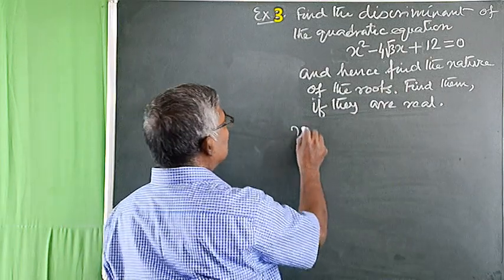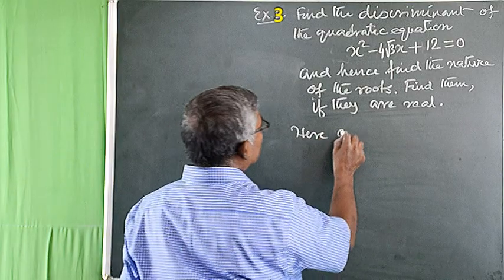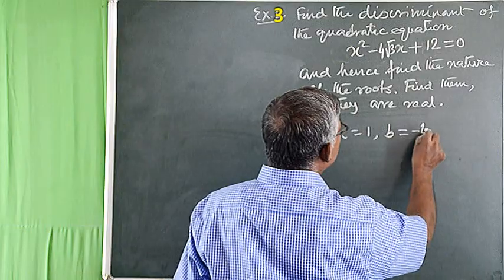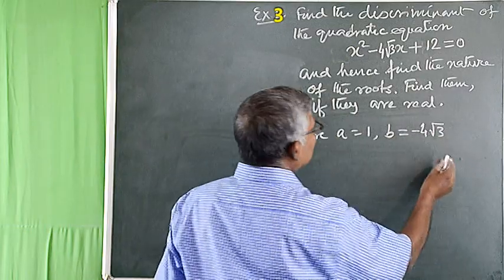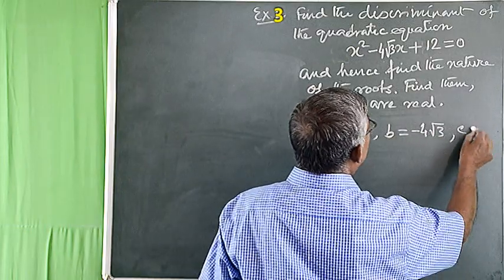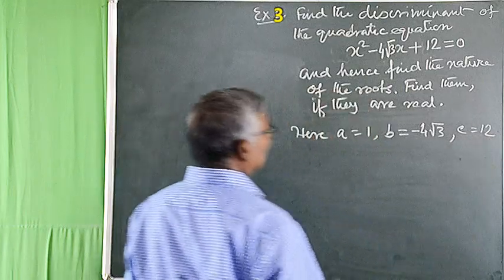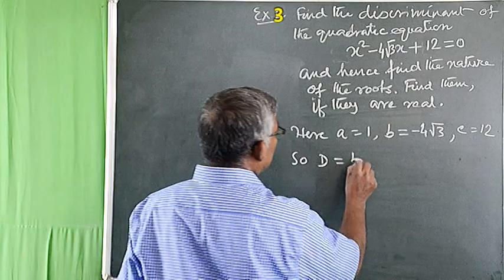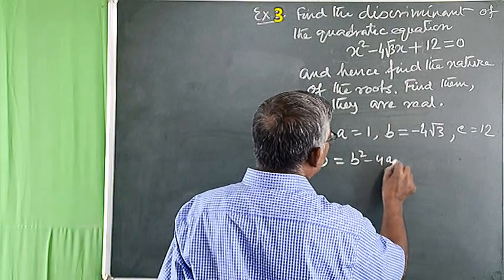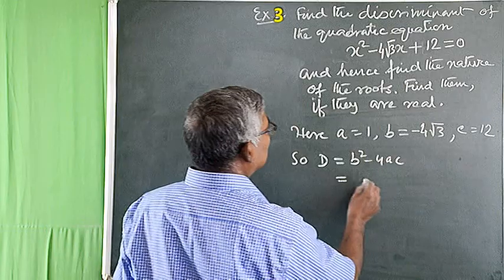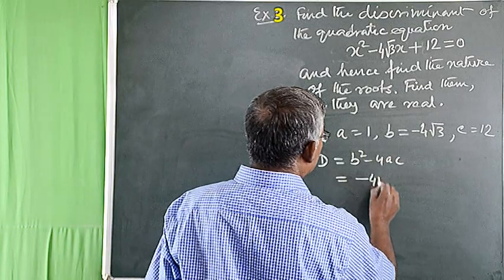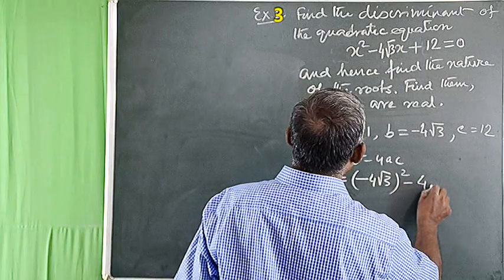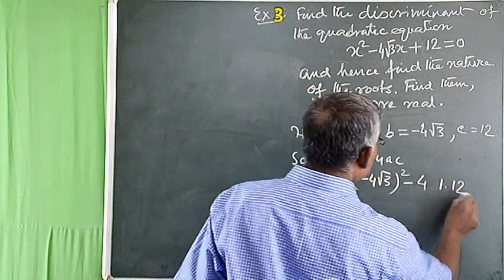Students, here a equal to 1, b equal to minus 4 into root 3 and c equal to 12. So the value of d equal to b square minus 4ac equal to minus 4 root 3 whole square minus 4 into 1 into 12.